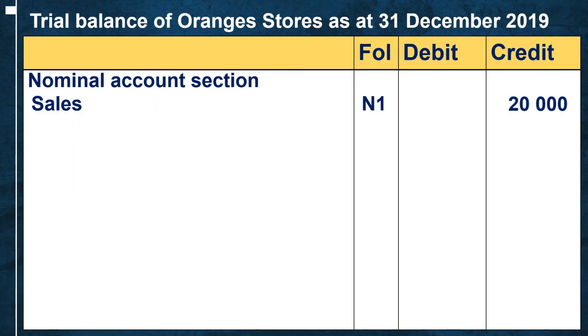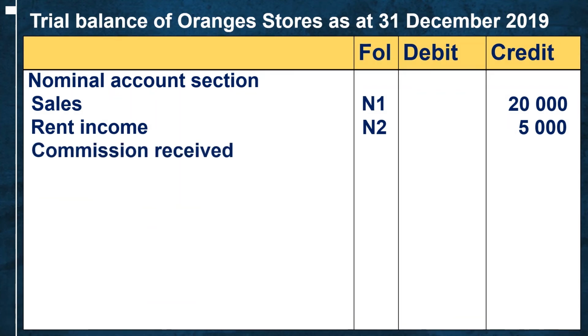We move on to rent income, where we write rent income in the first column, and in the folio column we write N2 and record the amount of 5,000 Namibian dollars in the credit column because rent income increases on the credit side. We move on to commission received, where we write commission received in the first column, and in the folio column we write N3 and record the amount of 3,000 Namibian dollars in the credit column because commission received increases on the credit side.